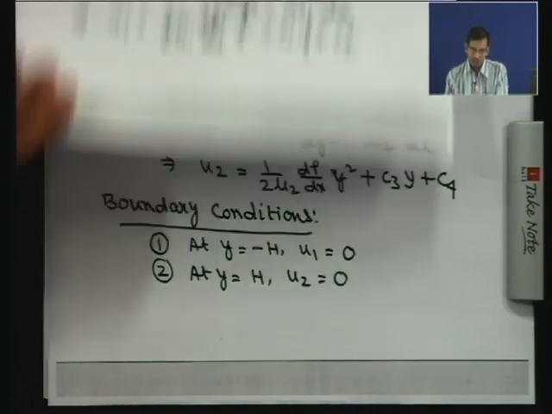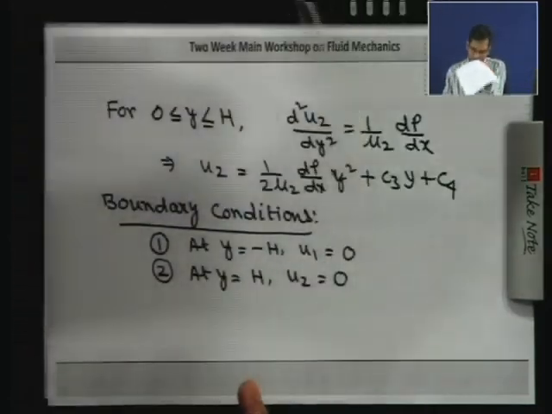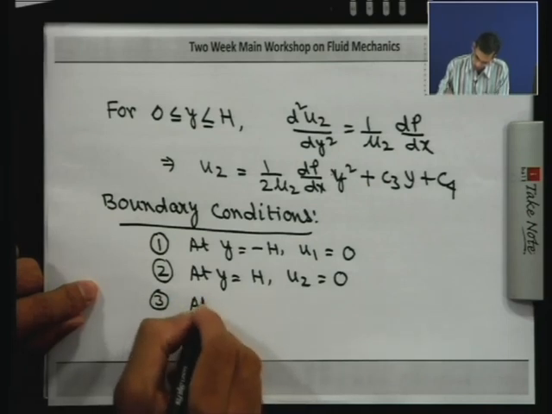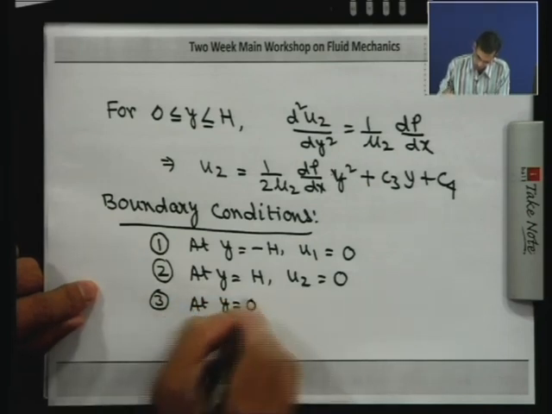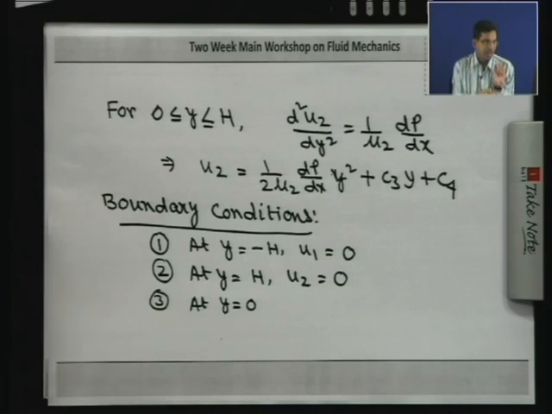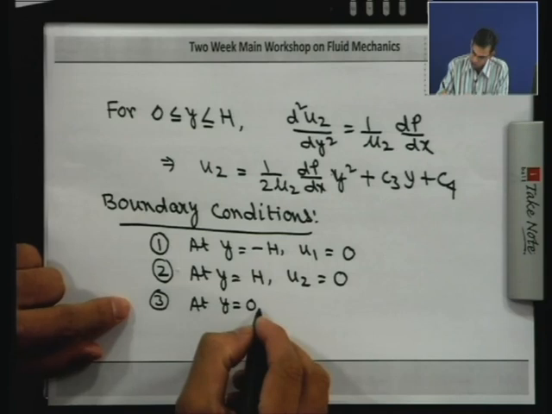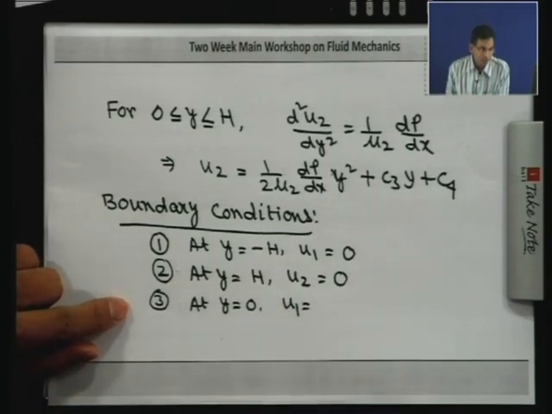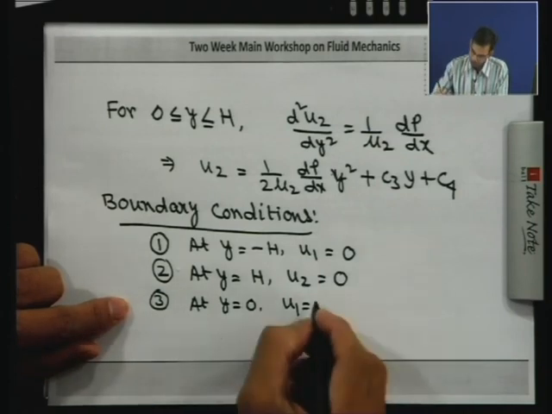Now, what about the interface? It is clearly mentioned in the problem that the thickness of each fluid layer is identical, and that is why the interface is at y equals 0. What is the relation between the velocity of the lower layer and the upper layer?